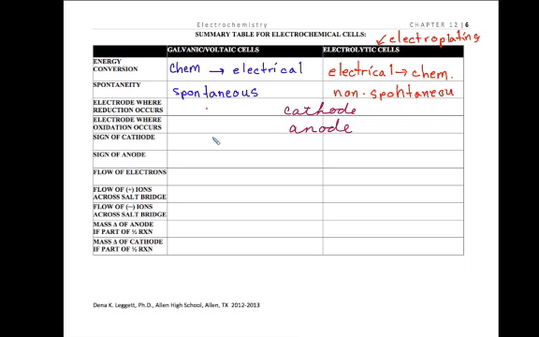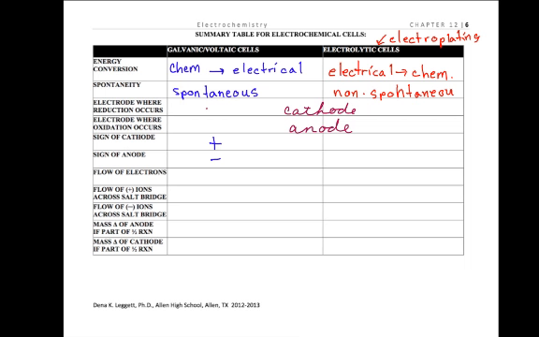So cations are positive, the cathode is positive, and that positive naturally attracts those electrons. The anode is named after its anions. Anions are negative. So the anode on a spontaneous cell is negative. So if you have a battery, the positive is the cathode and the negative is the anode.